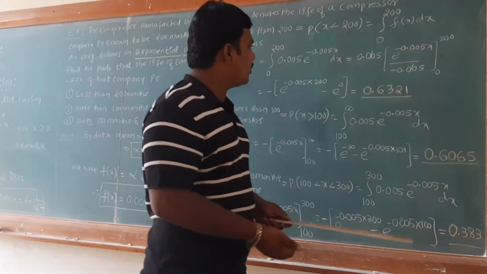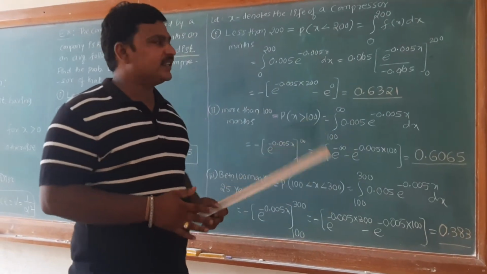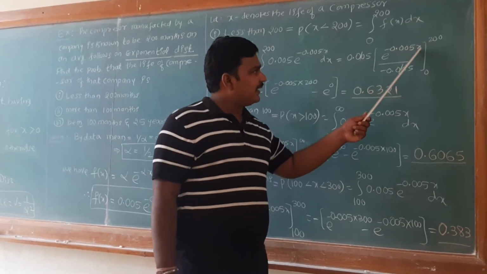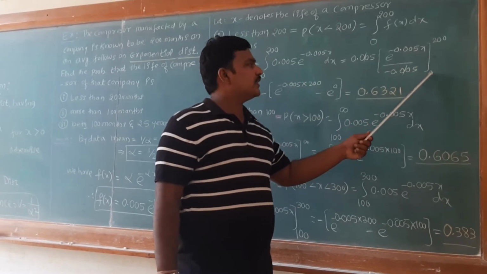What is the integration of e raised to minus 0.005 x? It is e raised to minus 0.005 x divided by the x coefficient, minus 0.005, with limits 0 and 200.